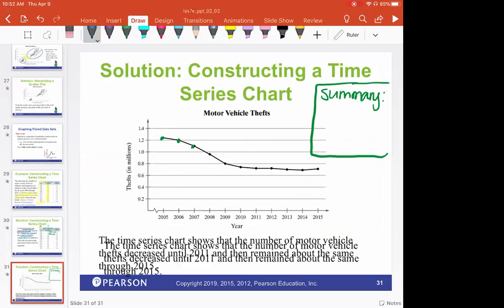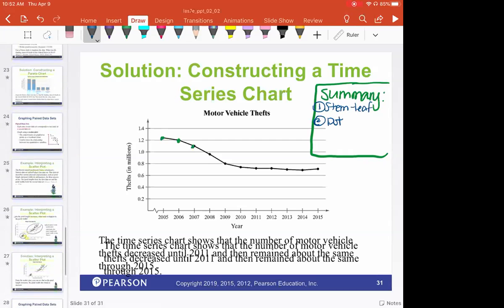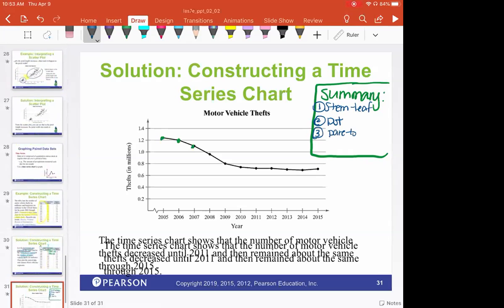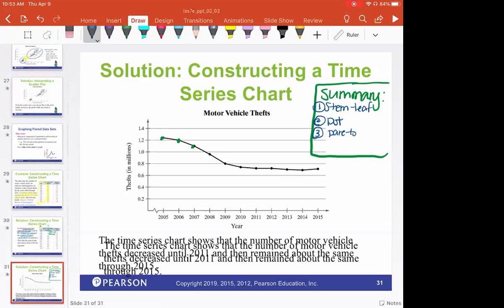All right, so a quick summary. We learned about a lot of graphs. The ones that I want to emphasize are stem and leaf, dot plot, Pareto, which is not one you'll see a lot, but it's good to know, and something like a time series chart would be nice to just know.